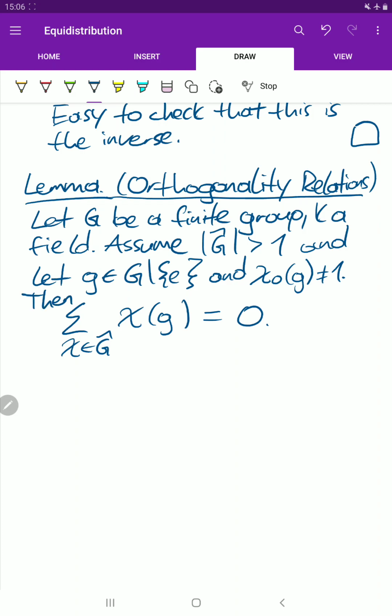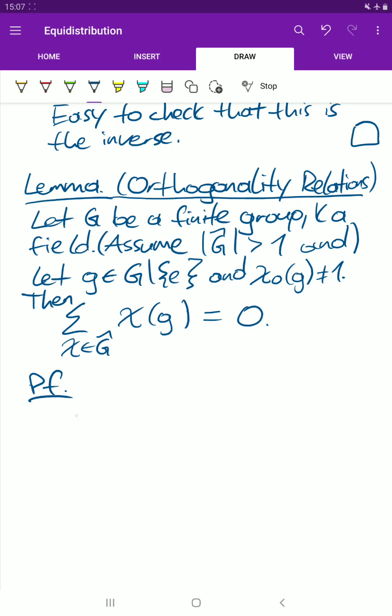So we need a little bit more. So this already implies that the group of characters is larger than 1. So we can kind of ignore this. And then we get this statement. So this is automatically true, for instance, if we work over the complex numbers, but I wanted to state it more generally. So we have to be a bit careful with how we state it.